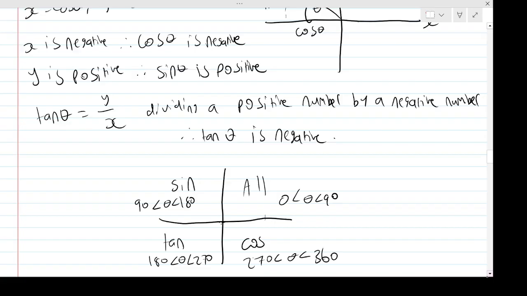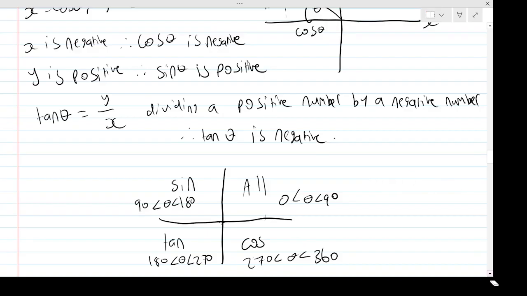So if we have a particular angle, for example tan of 135, that's between 90 and 180. If we look here, only sine is positive between those angles, so tan would get me a negative result here. Obviously I don't know what the result is per se, but it'd be negative something, right?